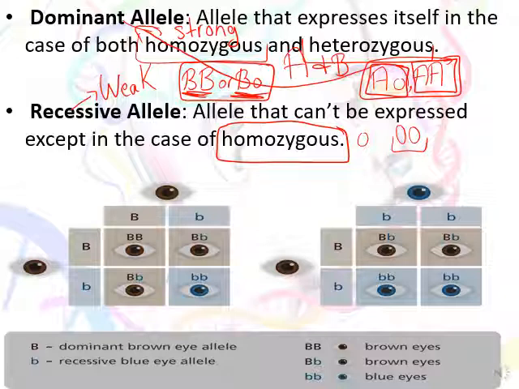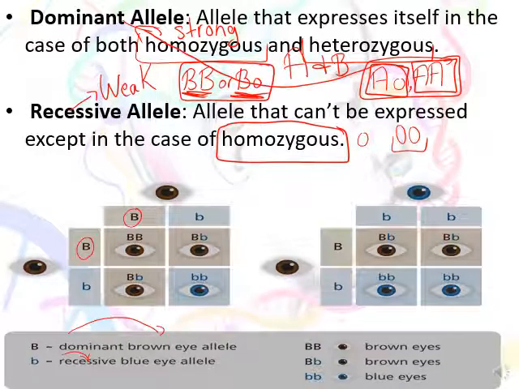So here, let's see, we have this factorial analysis showing that capital B is the brown dominant allele, and small b is the recessive blue eye allele. Let's see first, if we have B from the father and B from the mother, for example, it will be BB.